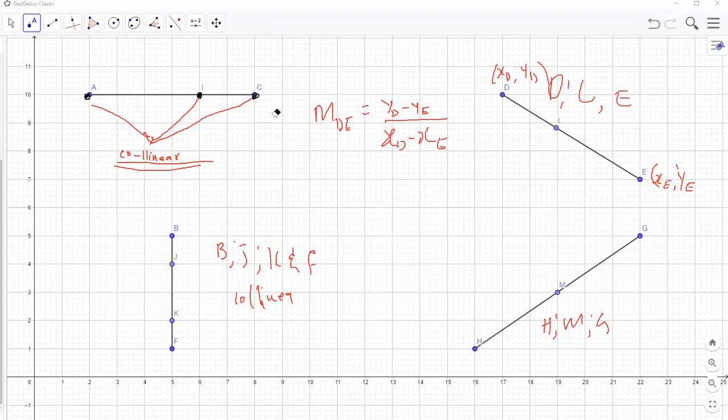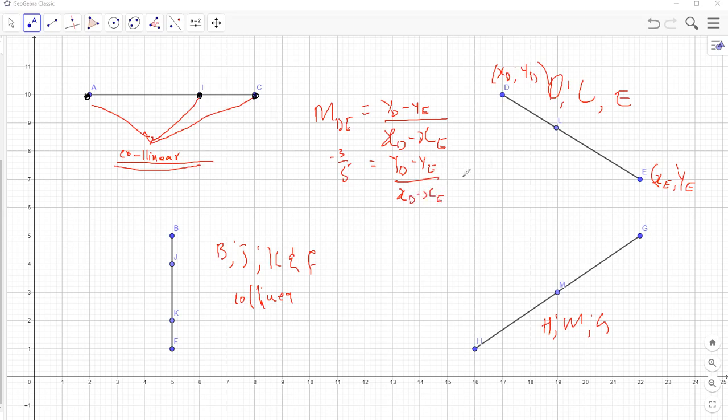So suppose I know the gradient. We have established that the gradient is minus 3 over 5. We did that in the previous video, okay? So we said this is minus 3 over 5, and this is y_D minus y_E all over x_D minus x_E.